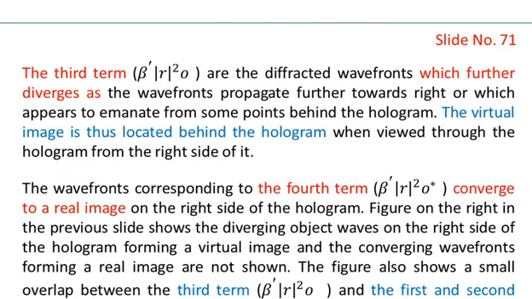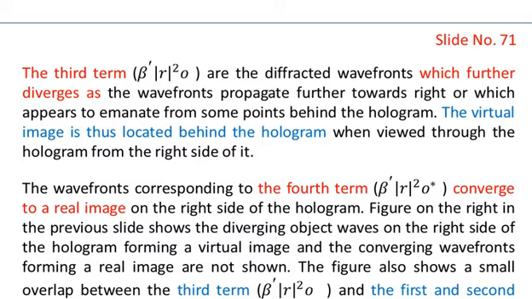The third term, this one, consists of the diffracted wavefronts which further diverge as the wavefront propagates towards the right, or which appear to emanate from some points behind the hologram. The virtual image is thus located behind the hologram when viewed through the hologram from the right side of it.